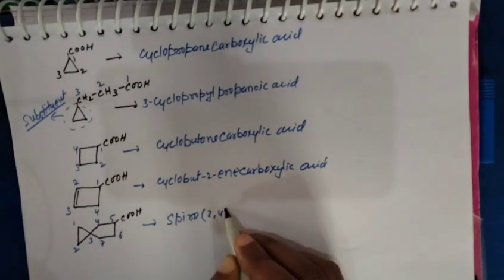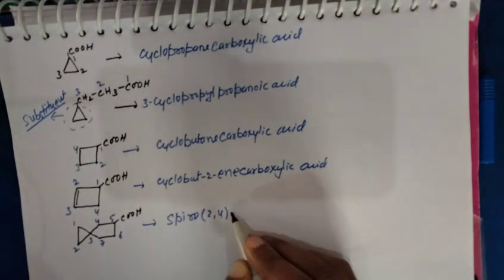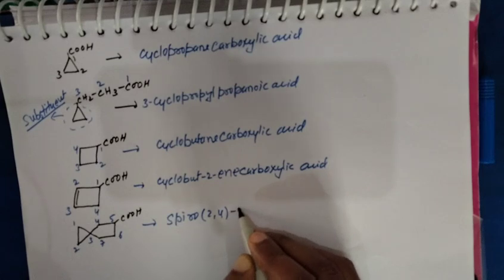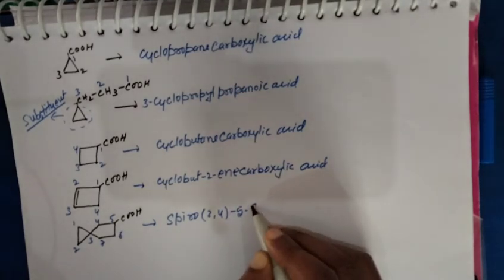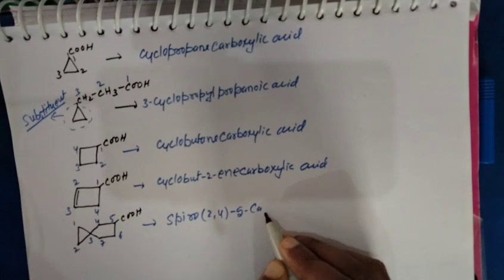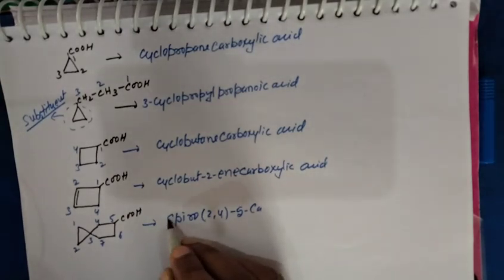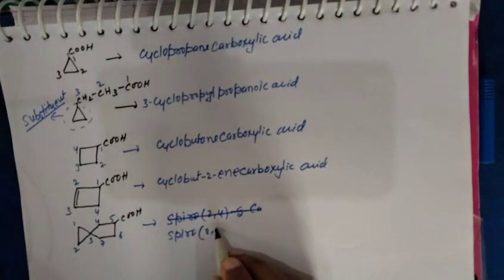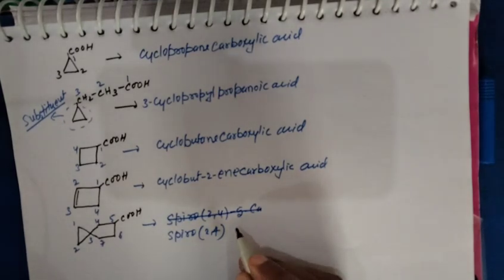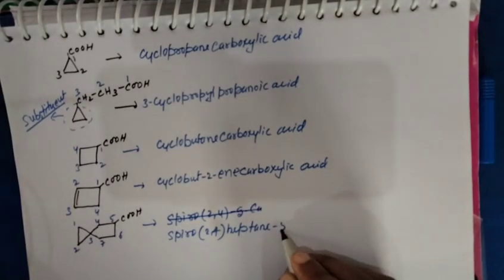Here 4 carbon, 1 2 3 4. Just a minute. Here I have some mistake. The spiro is 2 comma 4. And how much carbon maximum? 7. So heptane and 5 carboxylic acid. Now this is the correct name.